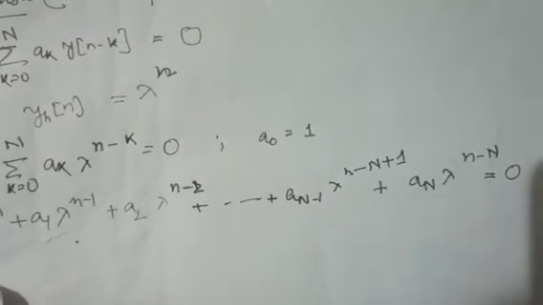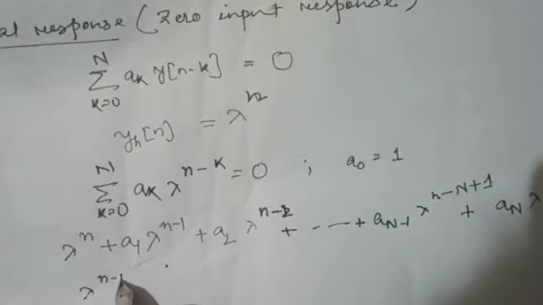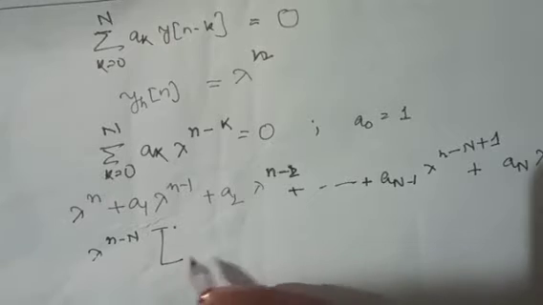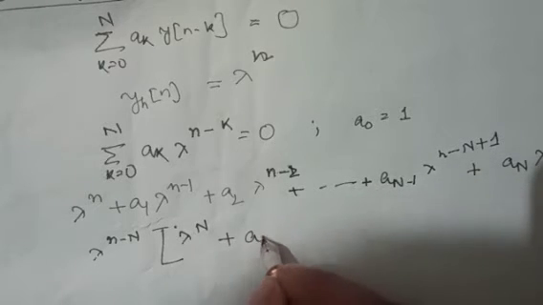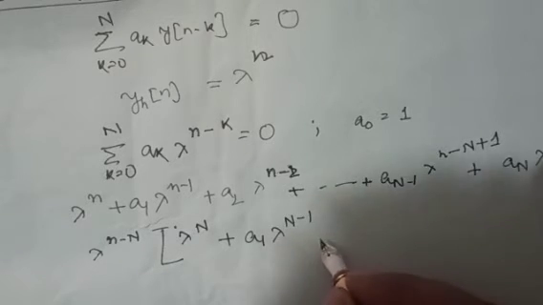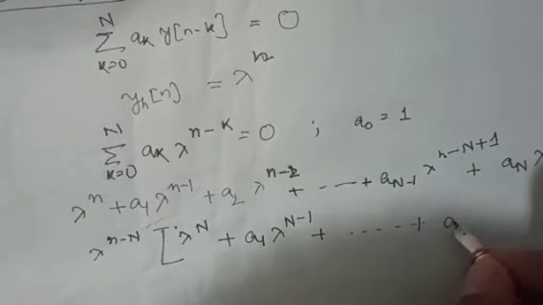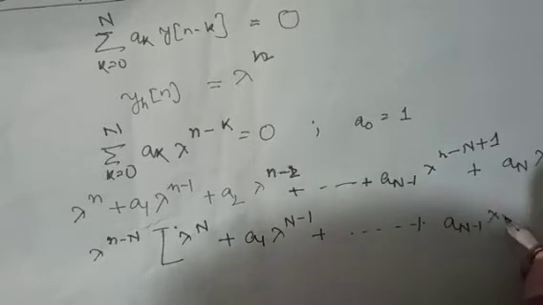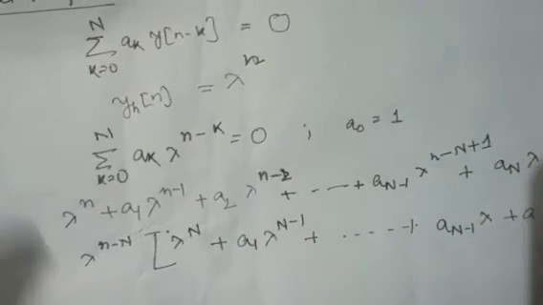If we take lambda to the power n minus N common, we get lambda^N plus a1 lambda^(N-1) plus a2 lambda^(N-2), and so on, up to a_{N-1} lambda, and finally a_N, which is equal to 0.